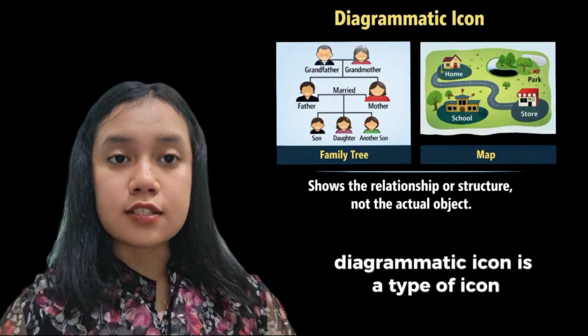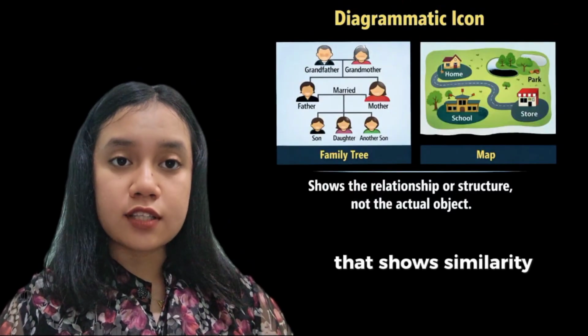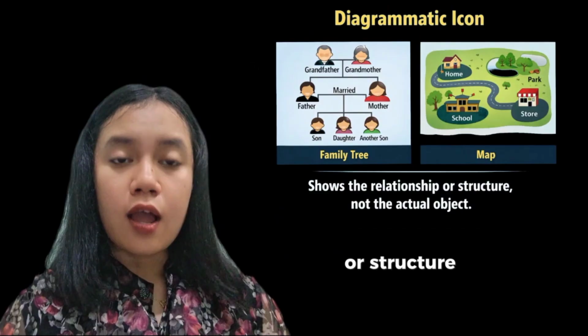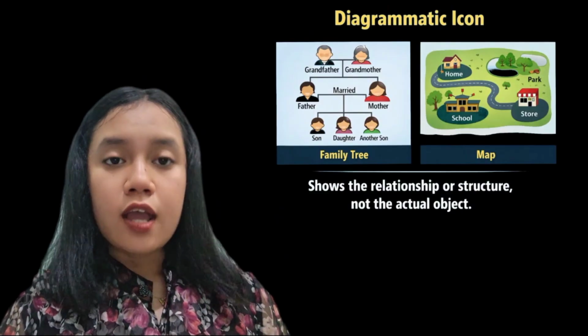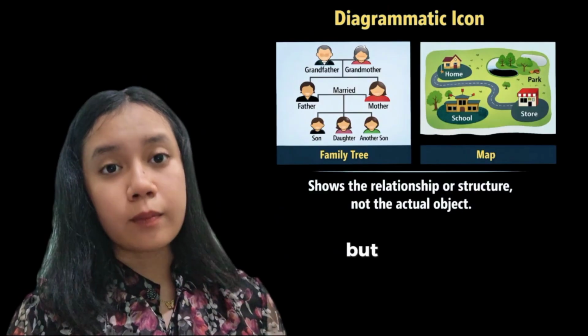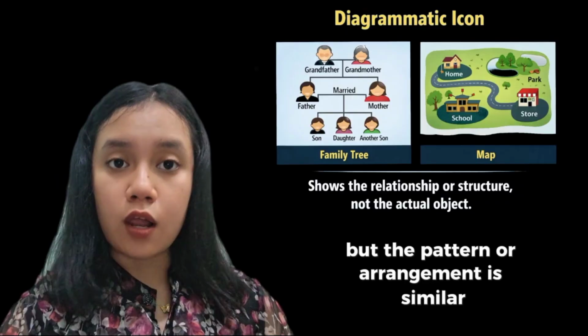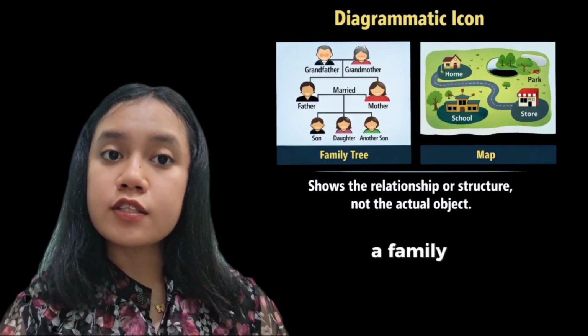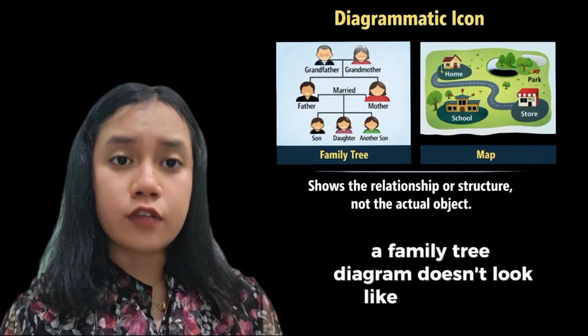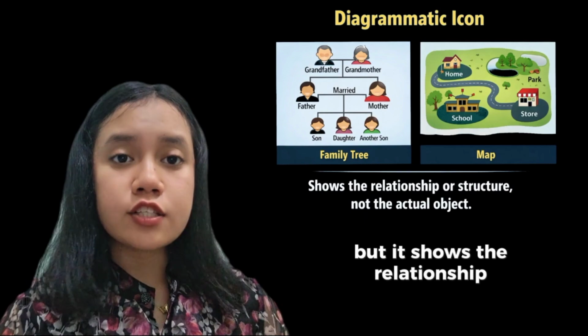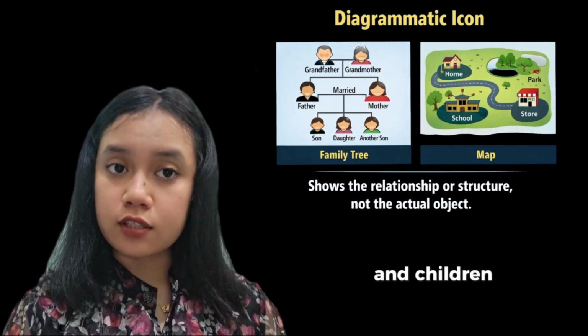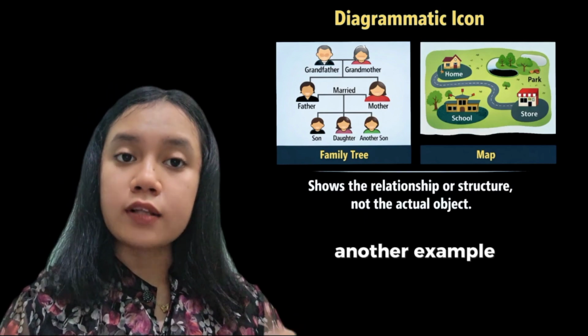A diagrammatic icon is a type of icon that shows similarity in the relationship or structure, not in physical appearance. It doesn't look like the real object, but the pattern or arrangement is similar. For example, a family tree diagram doesn't look like real people, but it shows the relationship between parents and children. Another example is a map.